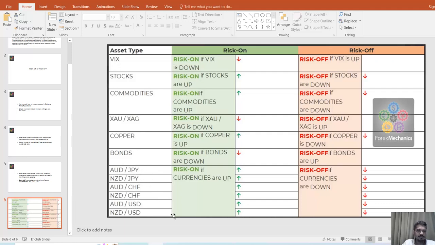When you see a risk on situation, when you see these currencies rising in value on a given specific day, you see these six currencies rising.